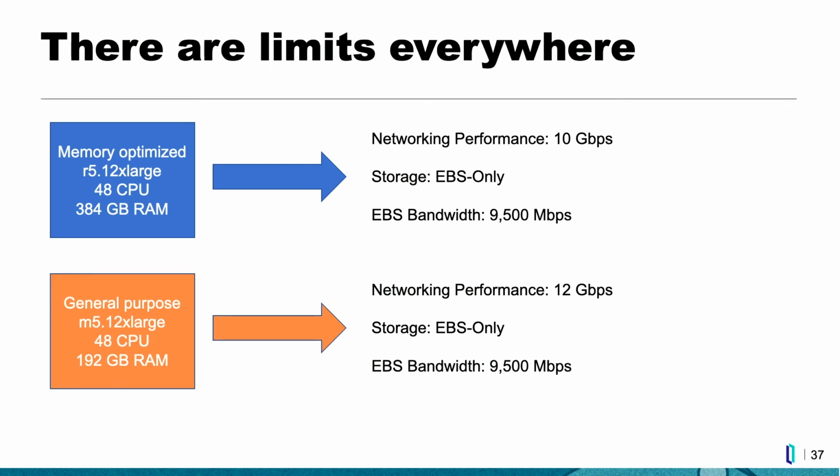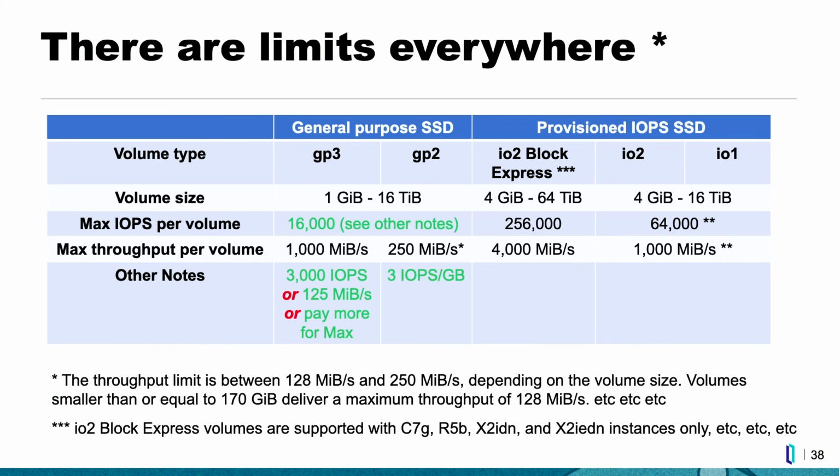This particular instance type has performance of 10 gigabits per second for networking. It allows a certain type of storage, EBS is what they have in AWS. And the storage bandwidth is 9.5 gigabytes per second, which sounds like a lot. But there's a trick.